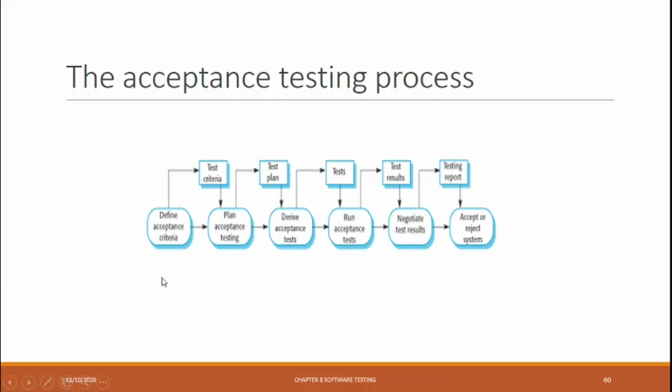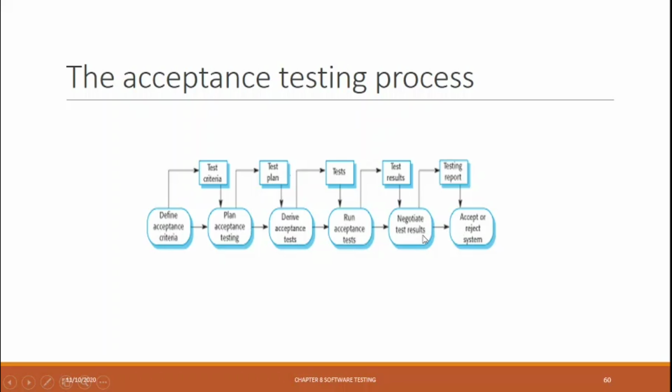One is define acceptance criteria. The criteria will be defined and it will move to the next stages. That is plan acceptance testing, which moves to derive acceptance tests, run acceptance tests, and negotiate test results. At the same time, a document is also reported, and that document will be helpful for the next stages also.